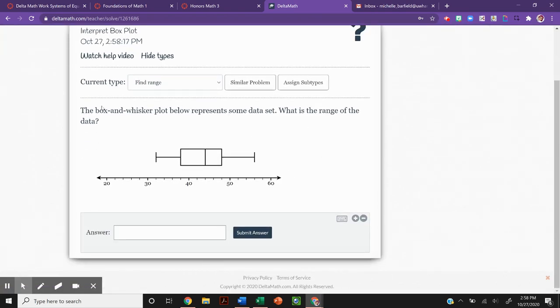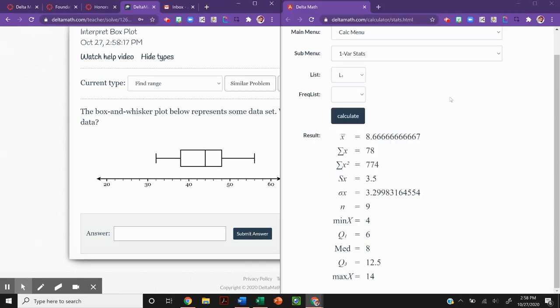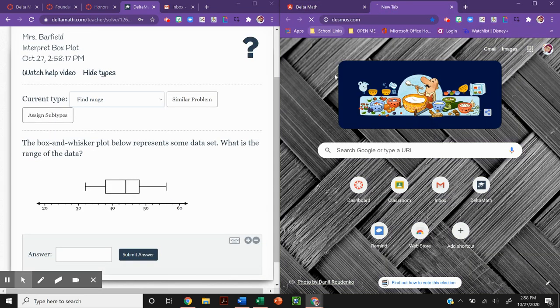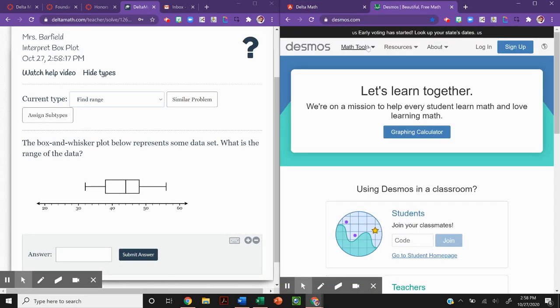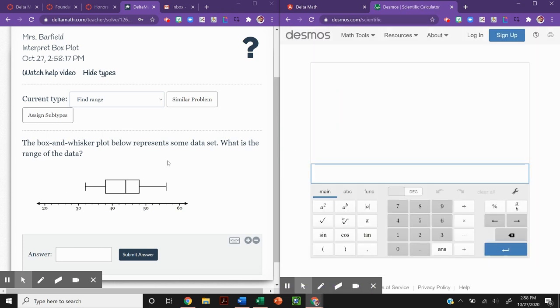It says the box and whisker plot below represents some data set. What is the range of the data? If I split my screen here, let me bring up a calculator on Desmos, because I am going to have to do a little bit of calculation. For the range, you take your max.